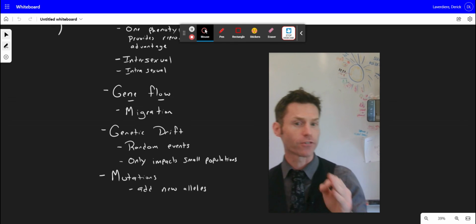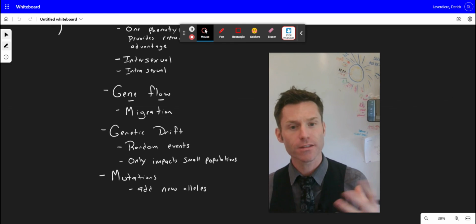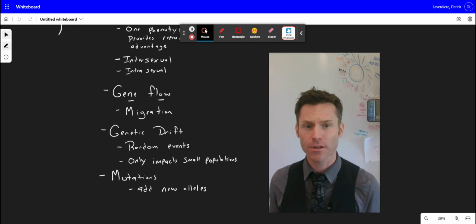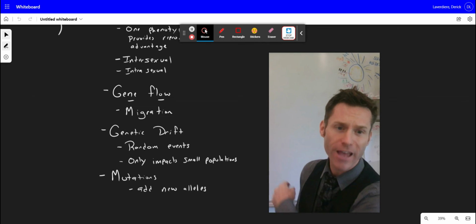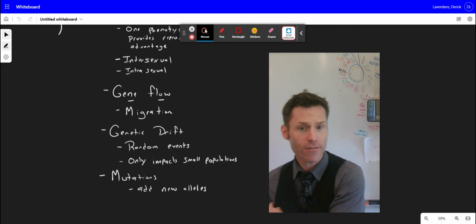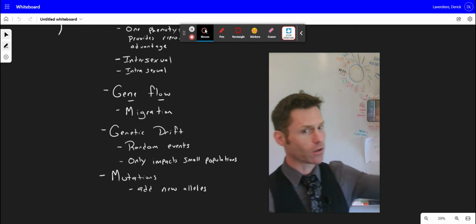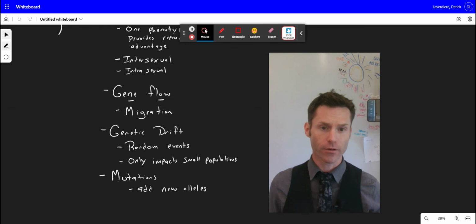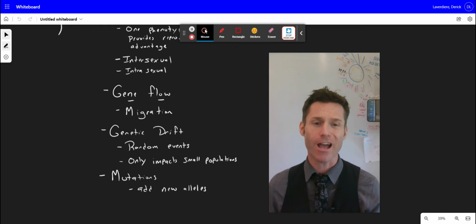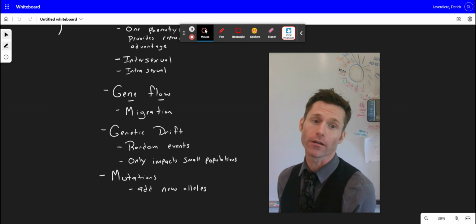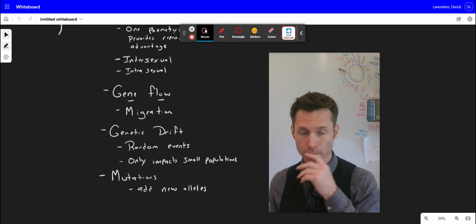This can also refer to random events that somehow change the allele frequency. Right? So like if a tornado comes along and kills half the population, and half of that population just so happened to be one of the alleles and not the other, that would shift the allele frequency as well. Right? And they didn't die because they had that allele. They just died and they had that allele. Random.